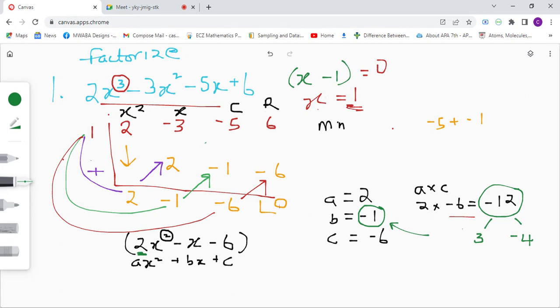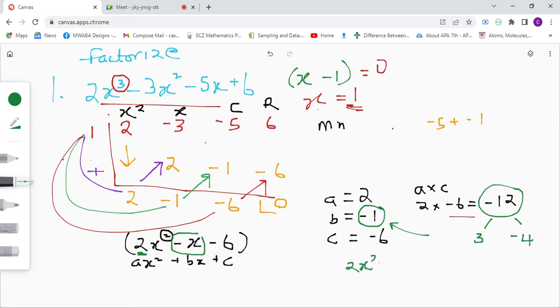But since we have a leading coefficient here, we're going to expand this quadratic expression. It's going to become 2x squared.